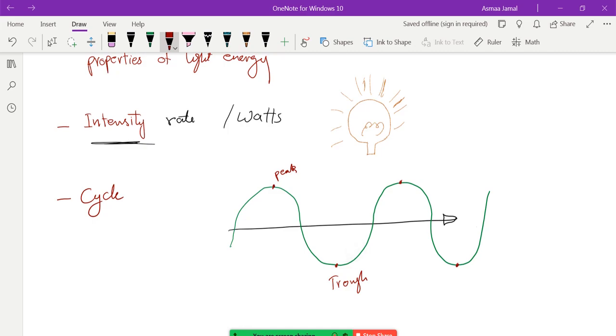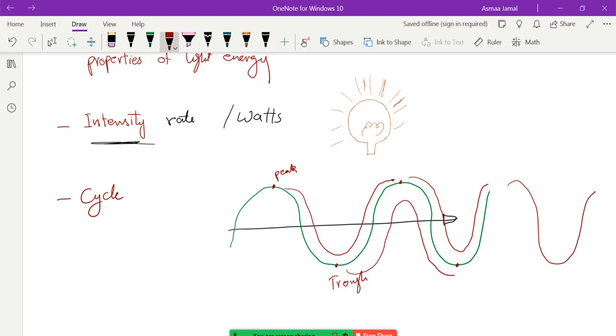Between one peak and another peak is a complete cycle. The wave keeps repeating itself. That's another one, and that's a third. From one peak to another is one cycle. From this peak to the third peak is the second cycle.